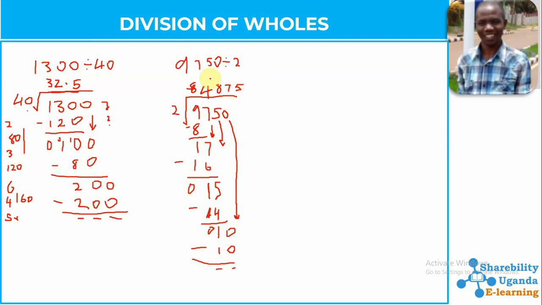So this simply means that when you divide 9,750 by 2, we get 4,875. So this is going to be our answer.